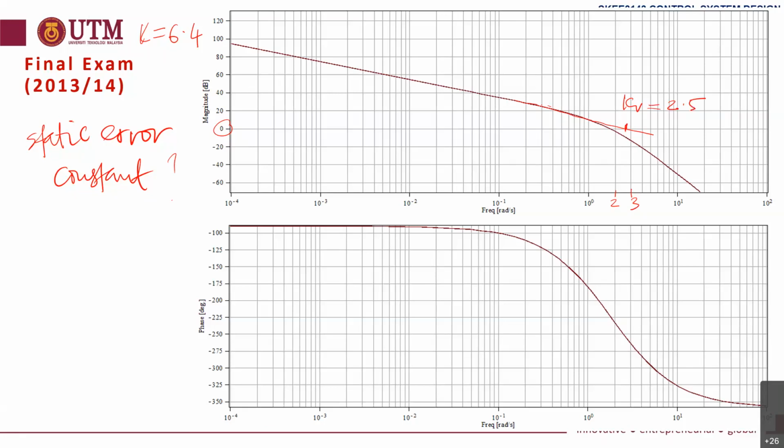I will use this, but you can try. You may get a different value. So the static error constant Kv is 2.5.